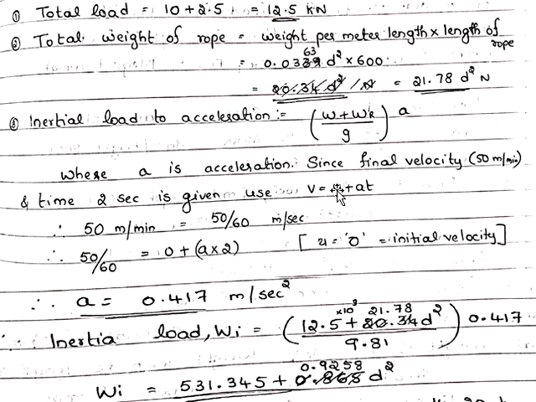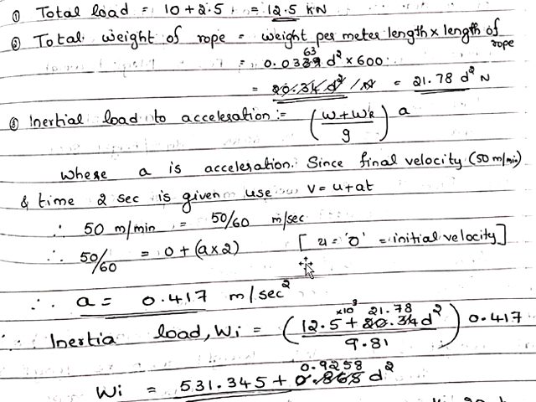Here the initial velocity, since initially the mass is at rest, you can assume the initial velocity U as 0. V is the final velocity. Convert that from meter per minute into meter per second by dividing by 60. T is the time, given as 2 seconds. So calculate the acceleration. You will get the acceleration as 0.417 meter per second square.